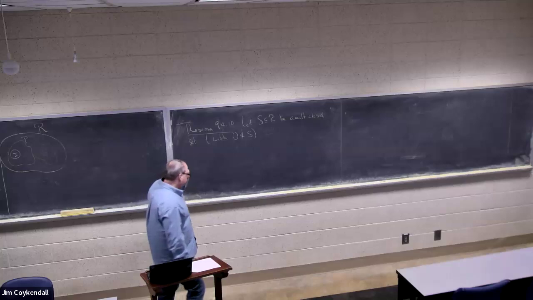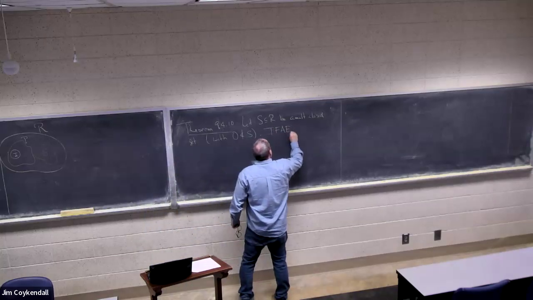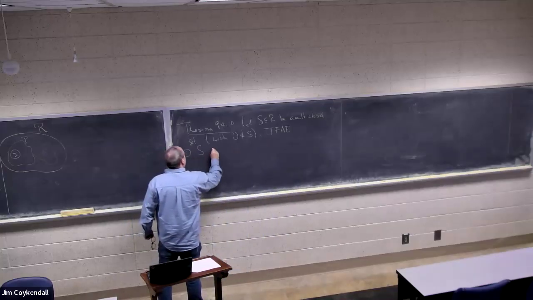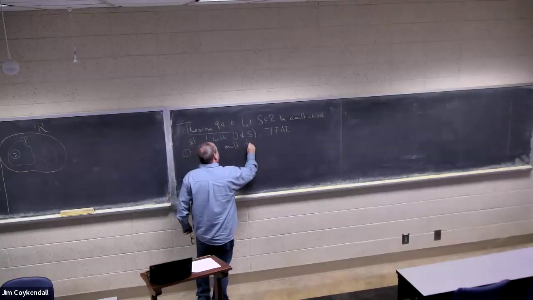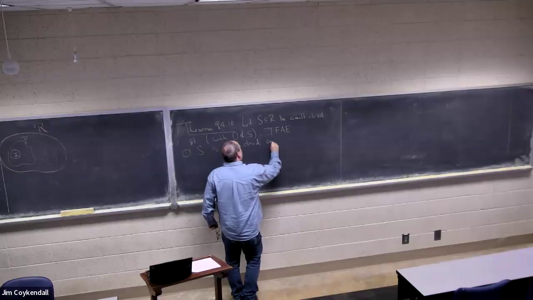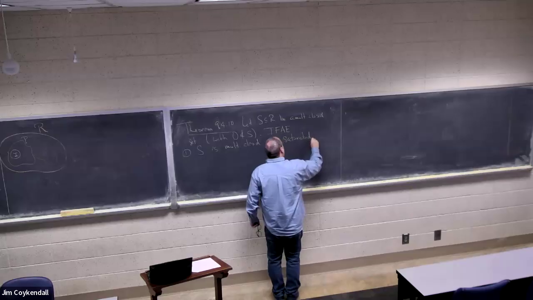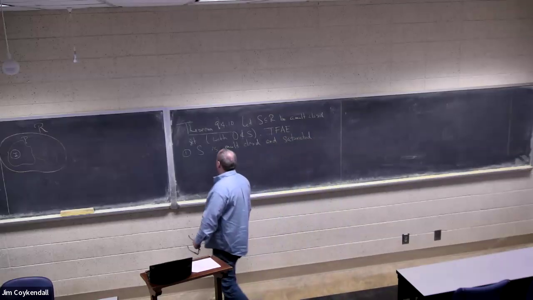The following are equivalent. Number one, S is multiplicatively closed and saturated. So it's multiplicatively closed and contains all its divisors from the ring.